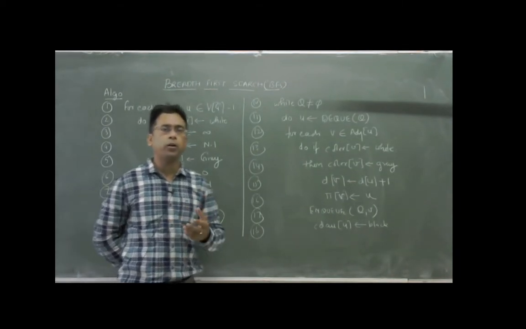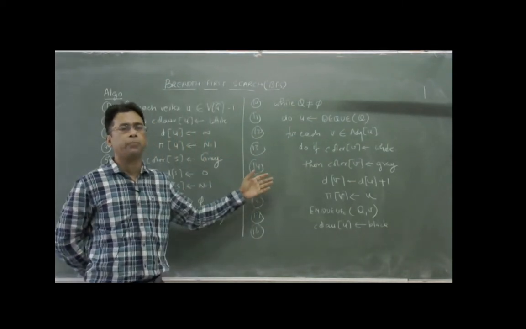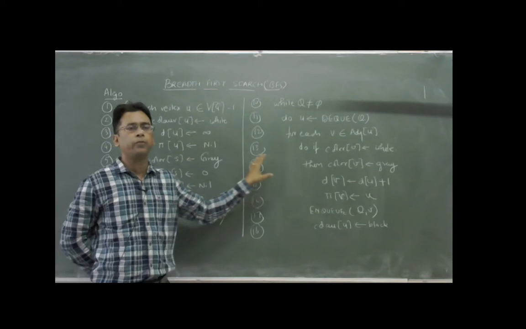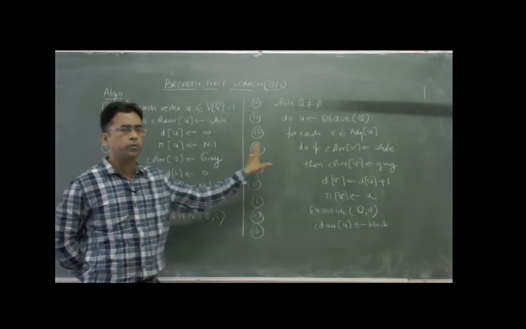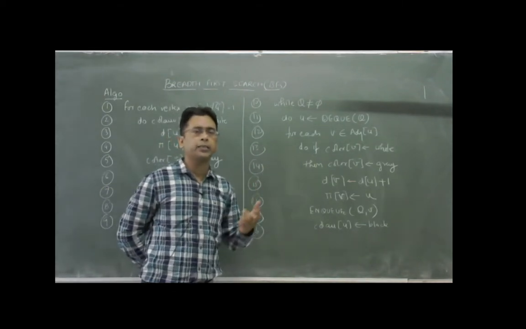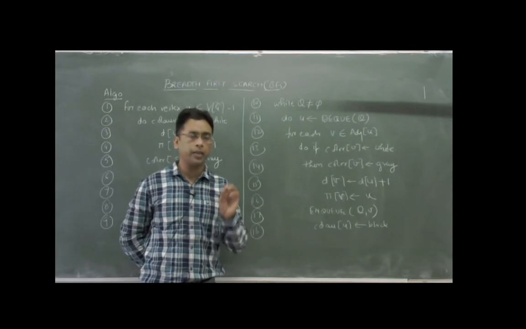It may be clear or it may be slightly confusing to you, but with the help of an example, I shall explain, and that will appear very simple to you. So I am rubbing this out, and after that I shall take an example. Basically, summarizing all these, there are three colors of node: white, gray and black.